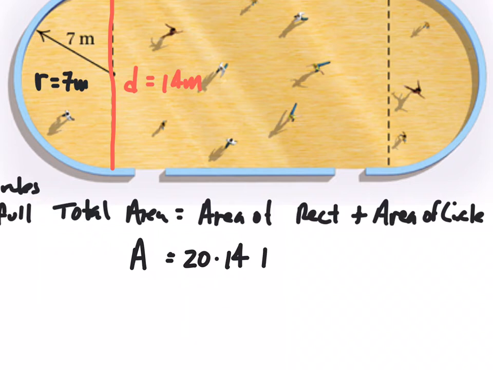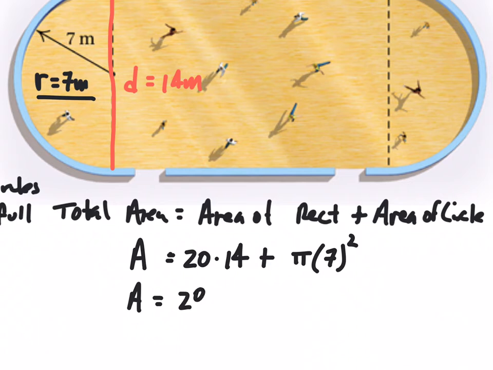And then I'm going to add on the area of that circle with radius 7, and that's going to be pi times 7 squared. All right, so let's continue this out and do the math here. 20 times 14 is going to give us, I want to say 280, but I don't think so. 14 times 20, 280, cool.